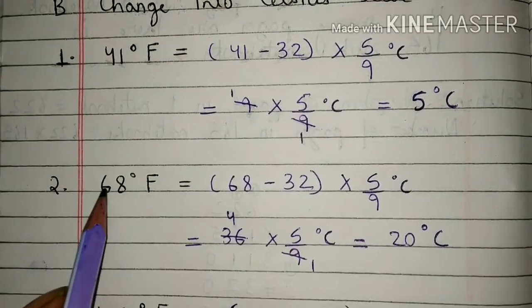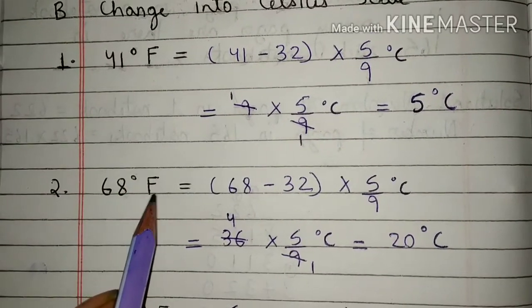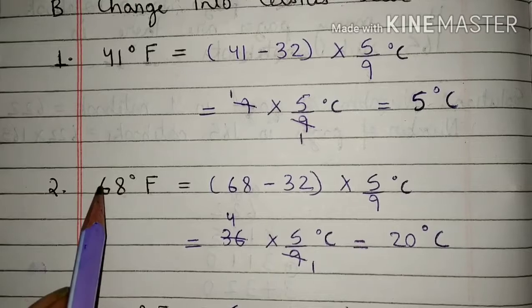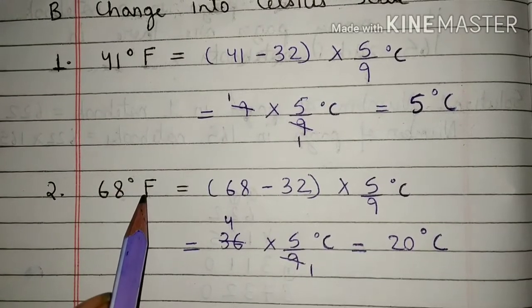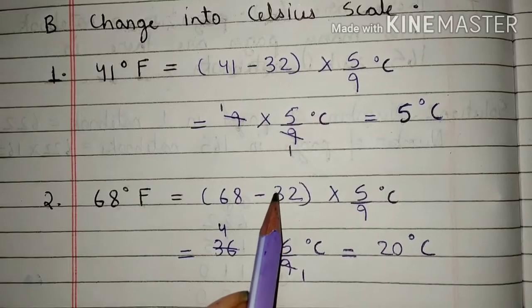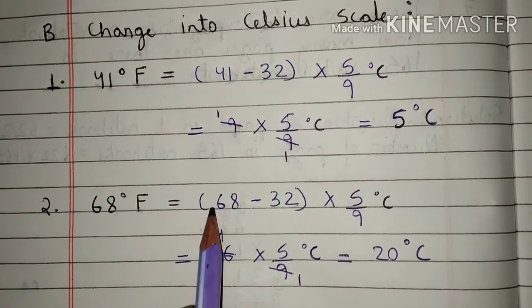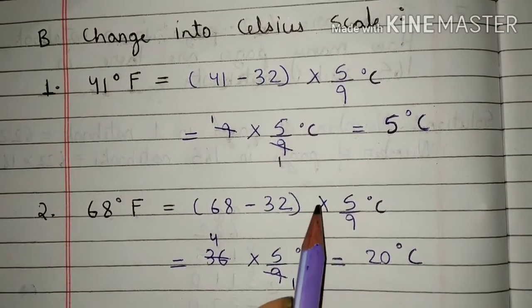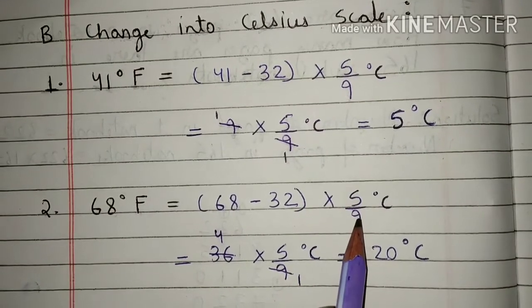Second question, 68 degree Fahrenheit. Students, we have to change 68 degree Fahrenheit into Celsius scale. So first we will subtract 32 from 68 and then multiply by 5 by 9.